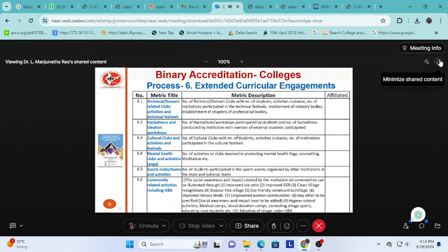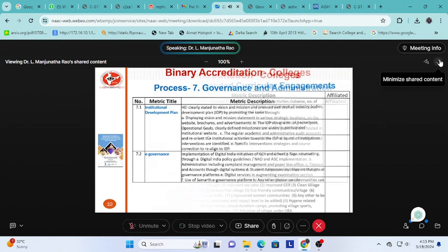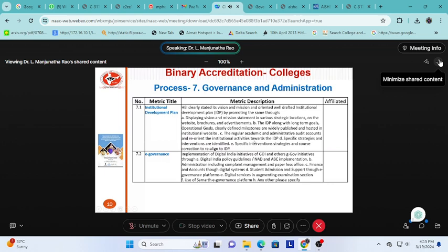This is again process-oriented metrics. Governance and administration. To provide a transparent, accountable and responsible administration in the institution, governance and administration play an important role. So, institutional development plan: whether an institutional development plan is in place in the institution.